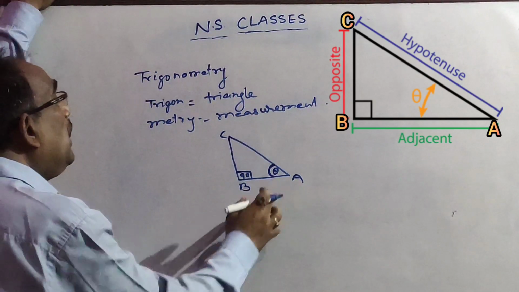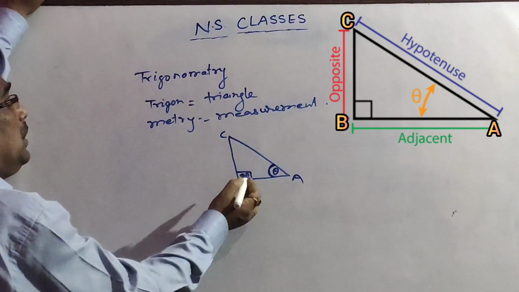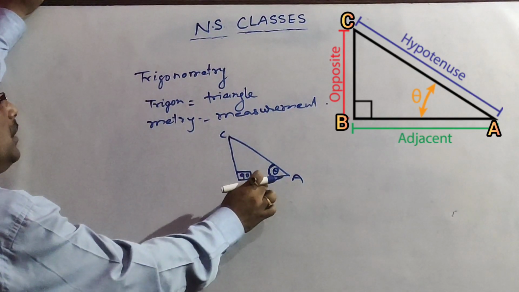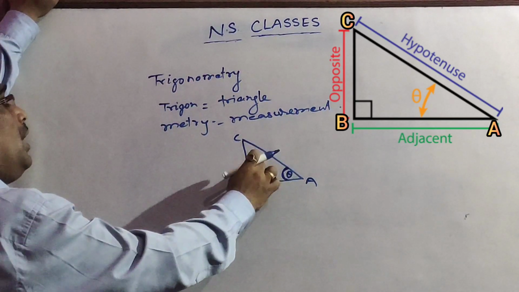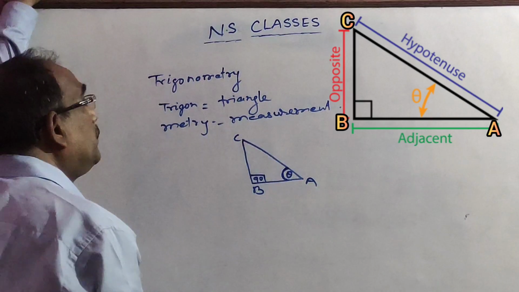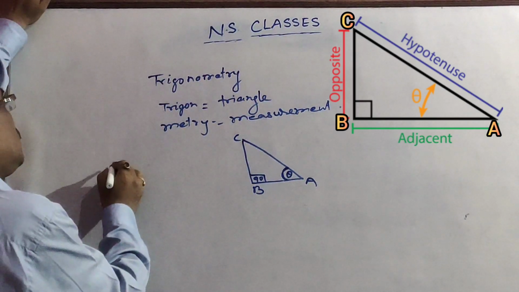So what is the relation between the sides of the triangle and the angle? We are going to learn it. First of all, what is sine?